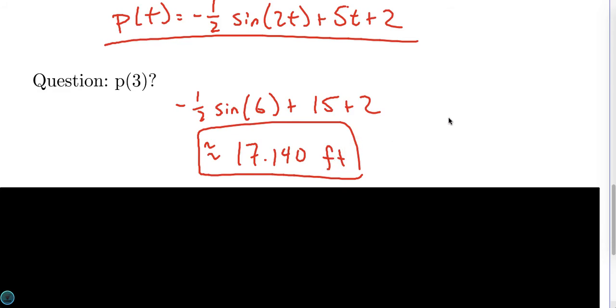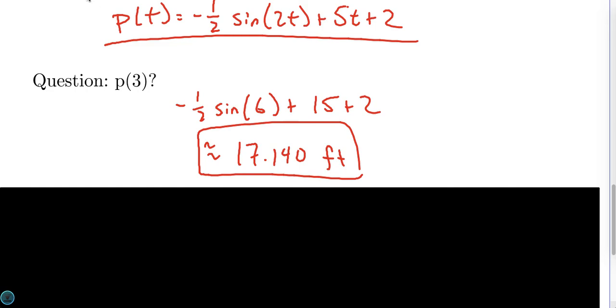So from measuring an object's acceleration in tandem with its initial velocity and its initial location or position, we can use calculus to figure out where that object will be at any given time. It's actually a big leap in terms of physics. You can study how an object is accelerating along with how it's moving initially and predict where it's going to be at any time in the future, namely 3, but in general, anytime you want.